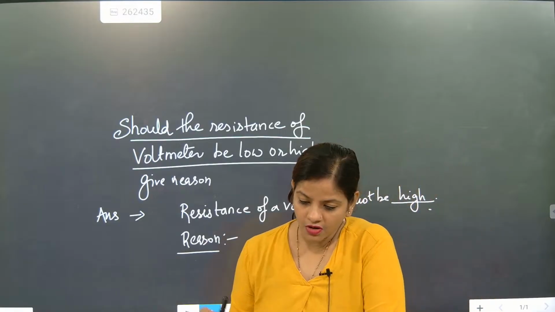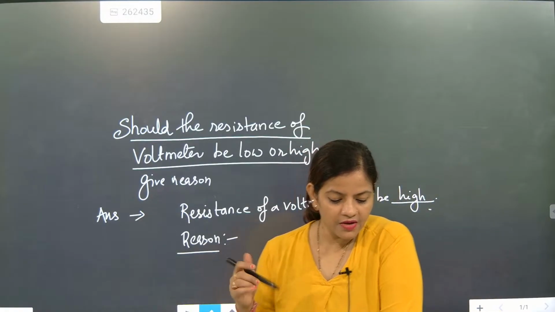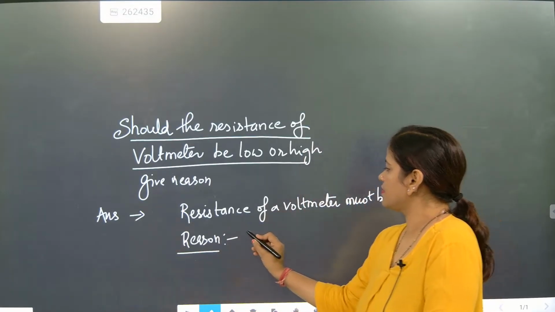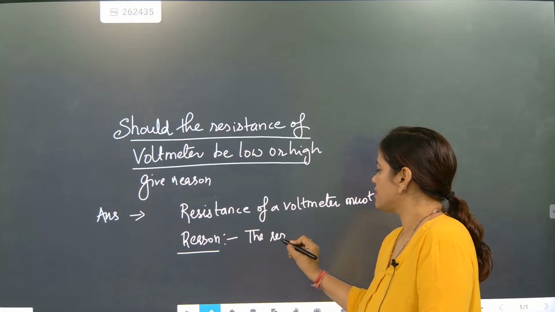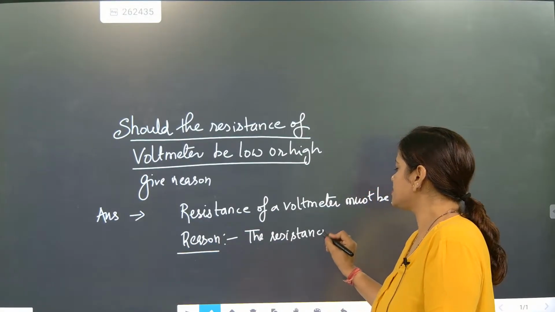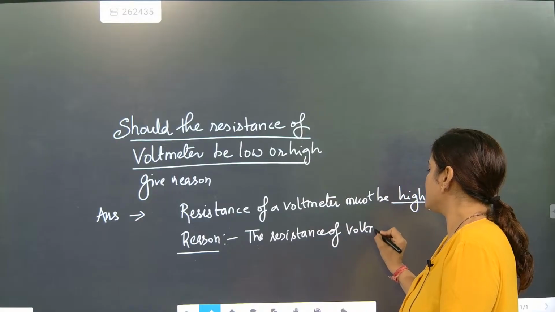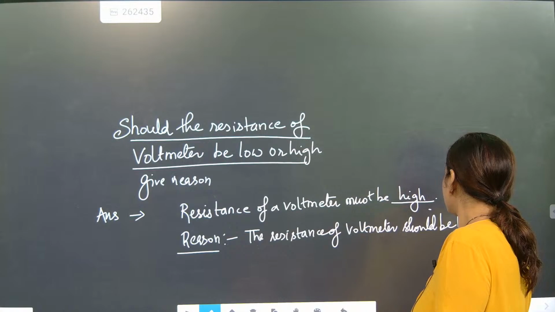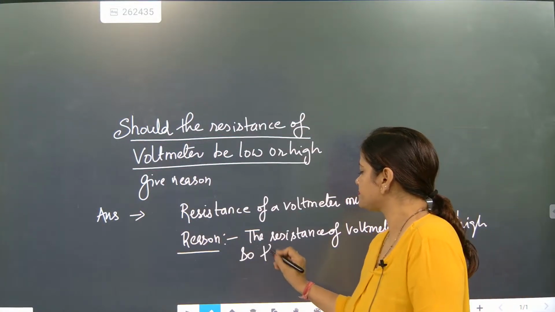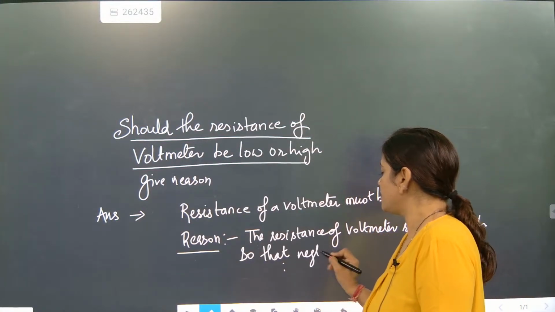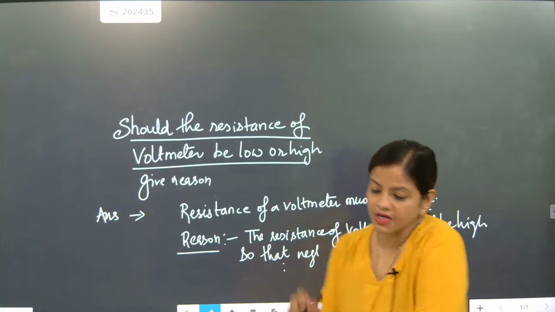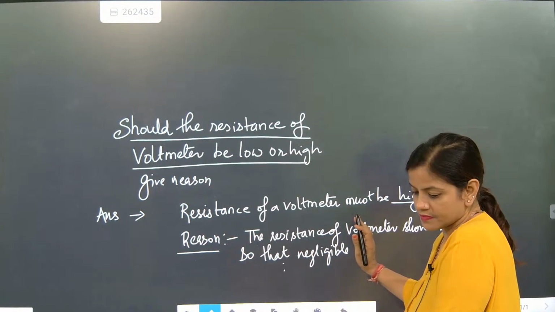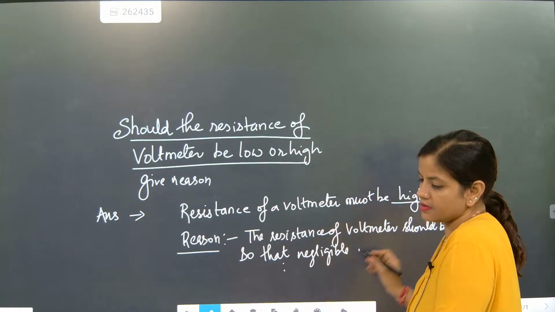Why? Because, or so, or any part you can write: the resistance of voltmeter should be high so that, now here you write statement, the resistance of voltmeter should be high so that negligible current passes through it. Understood?